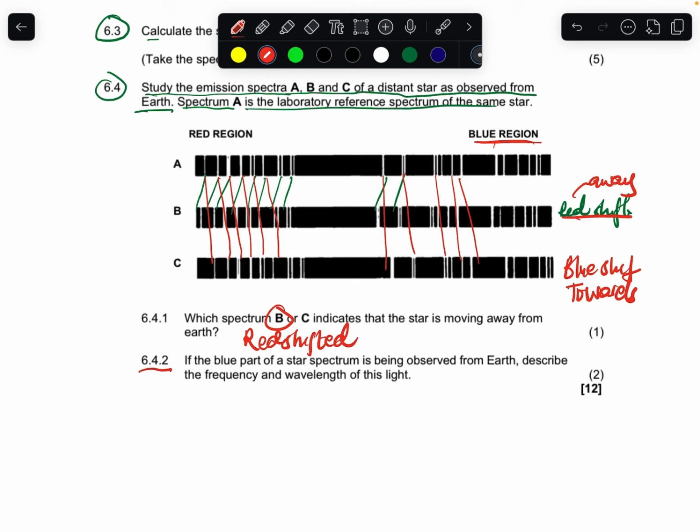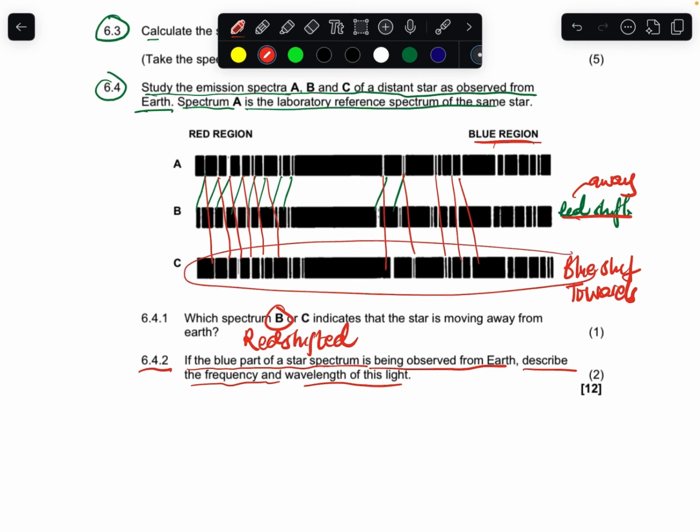Now 6.4.2, if the blue part of the star spectrum is being observed from Earth, describe the frequency and the wavelength. So we should describe this one. The blue shifted, guys, all the time. What's happening to the wavelength?